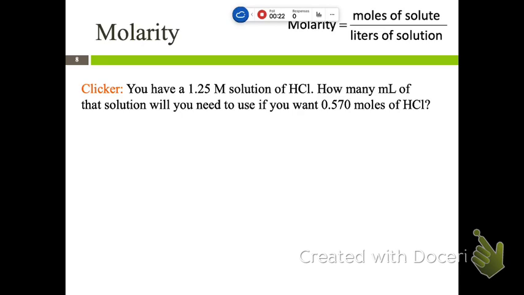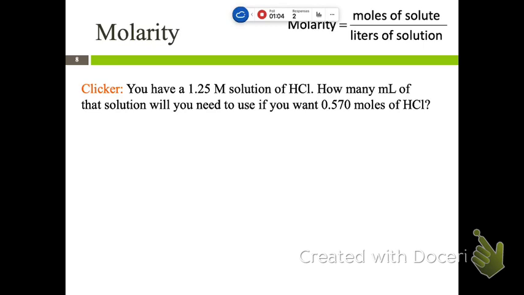Unpack conversion factors before you use them. Is that your starting quantity or conversion factor?